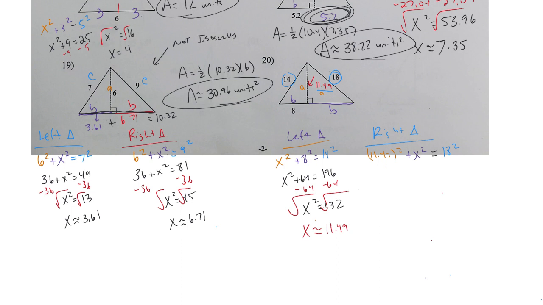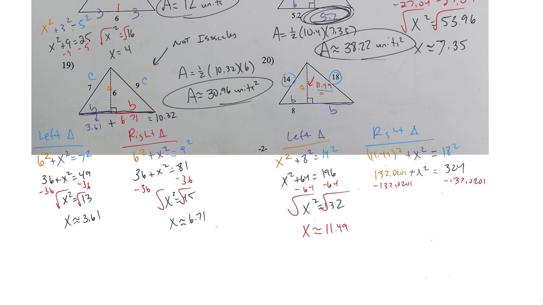We're going to say 132.0201 plus x squared equals 324. Now I'm going to subtract 132.0201 from both sides.